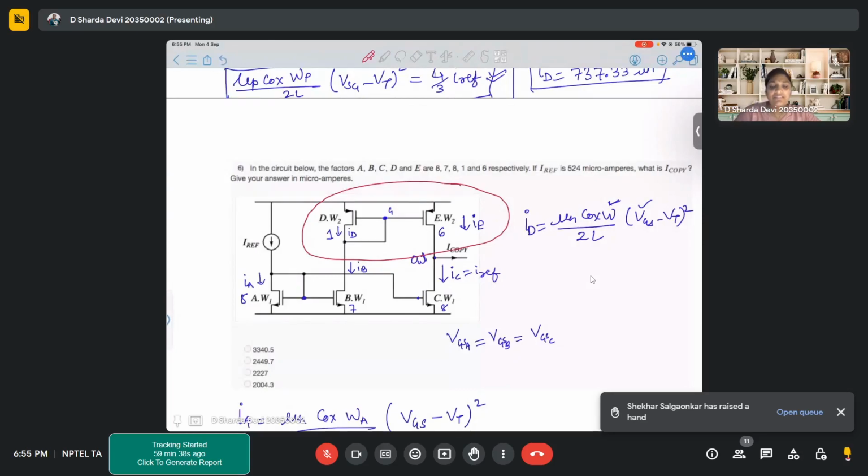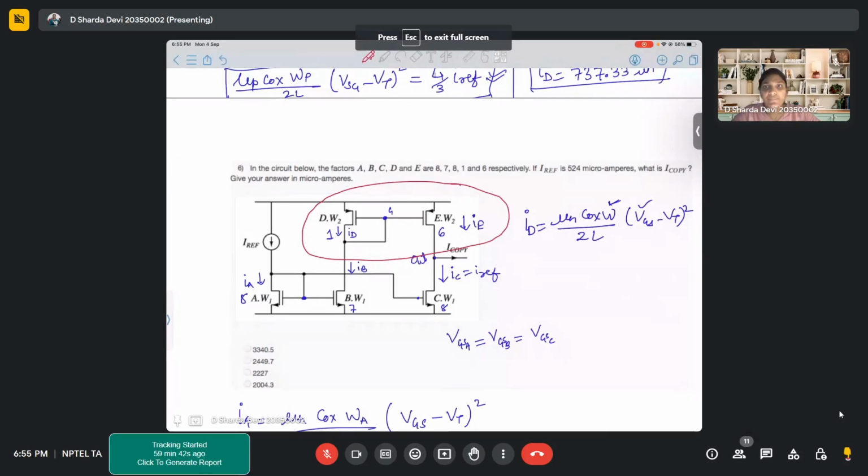Any other doubts? Is this clear? Now, whenever you see these types of mirror circuits and you are asked to find, okay, the first branch has this much current, what will be the current in the other branch, can you solve these types of circuits?